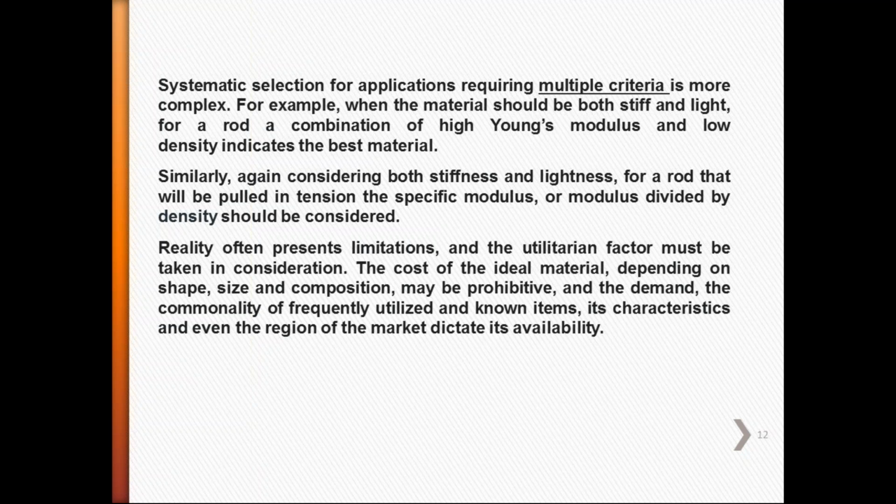Now, depending on your application, you have to think of requirement of the criteria. I told there are some criteria whose higher values are preferred and some criteria whose lower values are preferred, and we have to select an appropriate candidate which can satisfy your multi criteria simultaneously up to maximum possible extent.